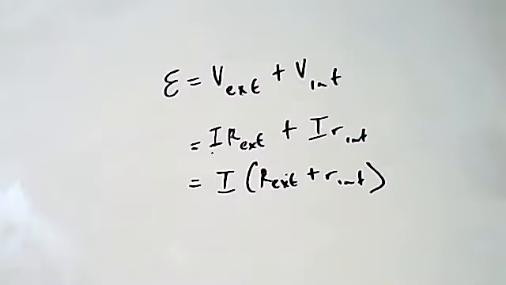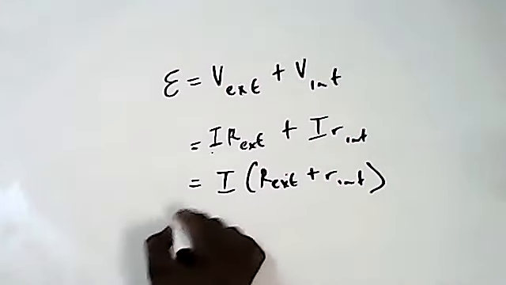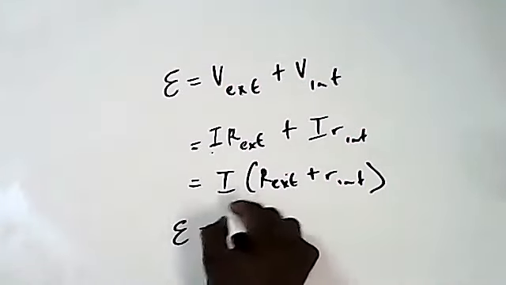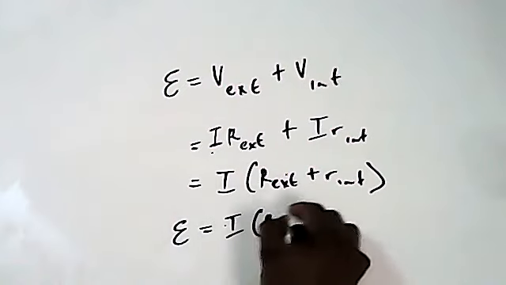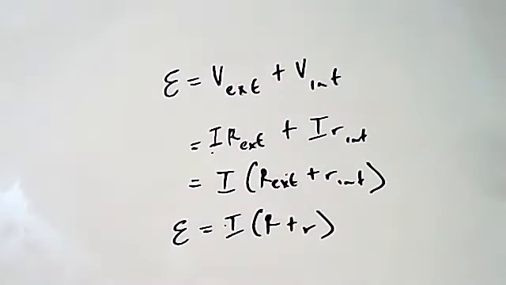So that is the formula for EMF: EMF is I times (R plus r). So if they say to you, calculate the internal resistance, find the external resistance, which is the total resistance of the whole circuit, which is what we've been doing, and find the current, and then find the EMF, and then you're done, right? I hope that makes sense.